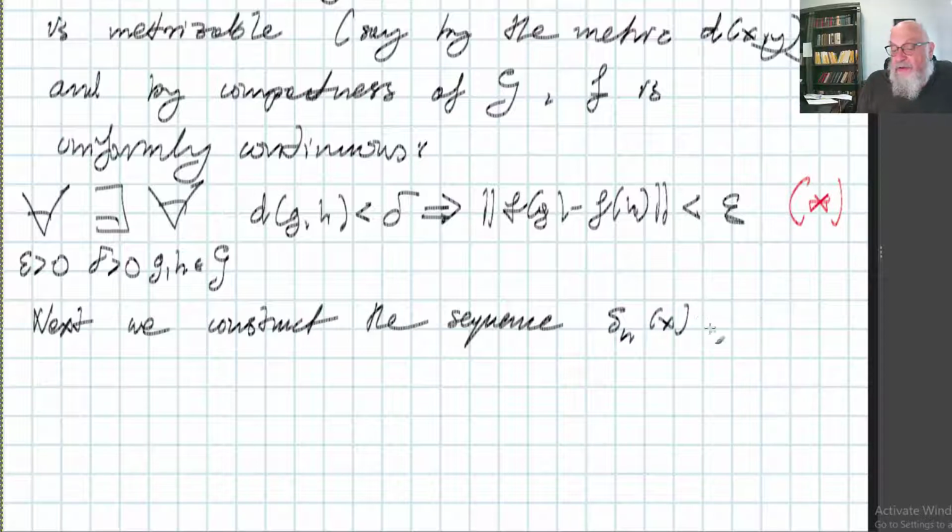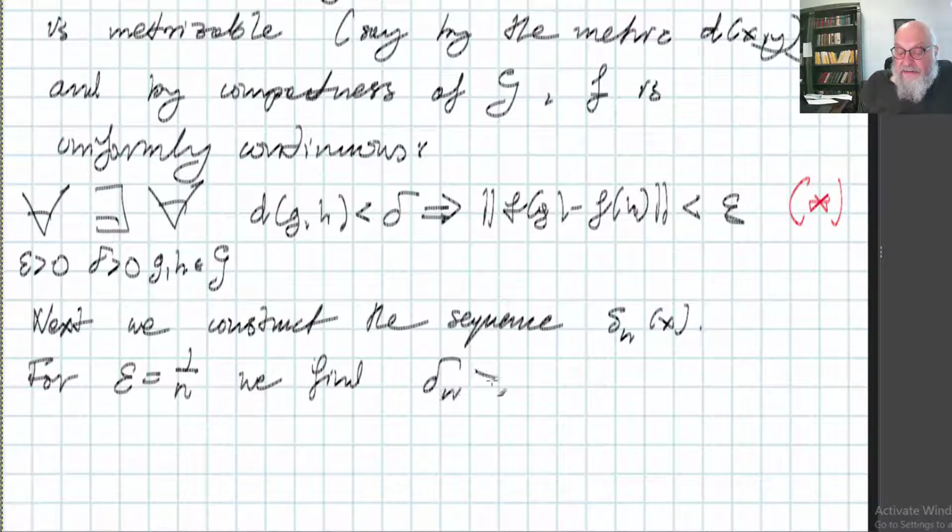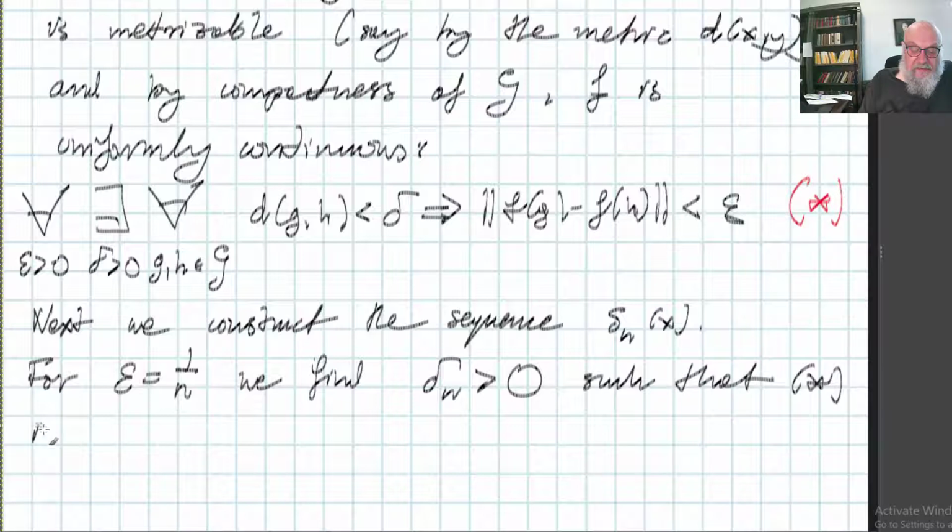So take epsilon equals 1 over n, we find delta_n larger than 0, such that star is satisfied.